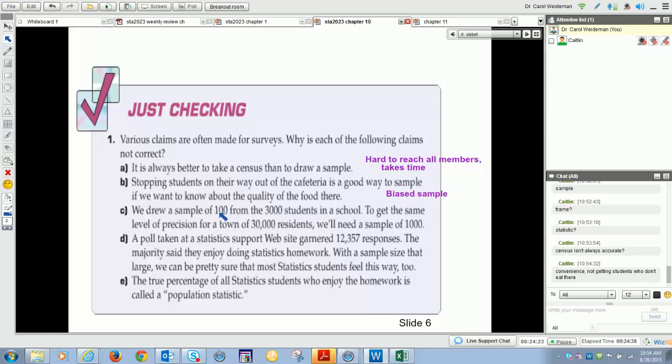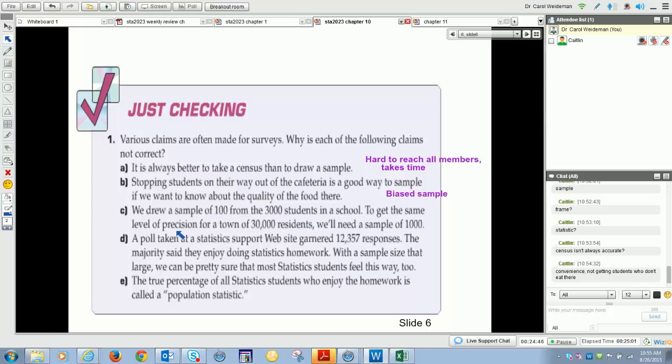If we drew a sample of 100 from 3,000 students in a school, to get the same level of precision for a town of 30,000 residents, we would need a sample of 1,000. Now, I touched on it earlier where I said the size of the sample relative to the size of the population is not critical. What's more critical is the actual size of the sample.